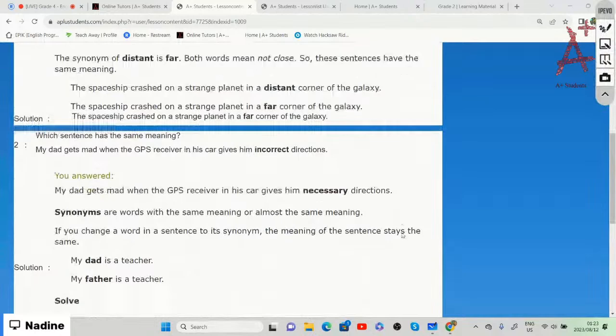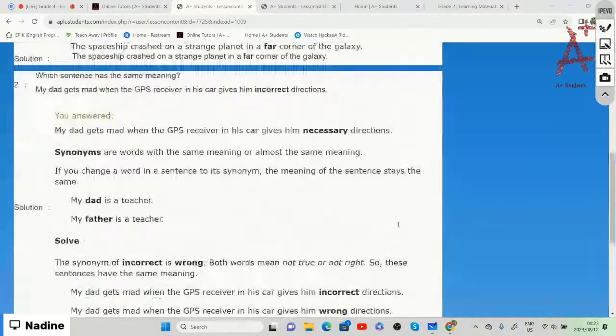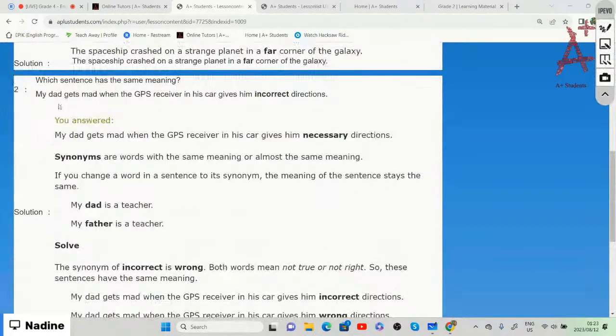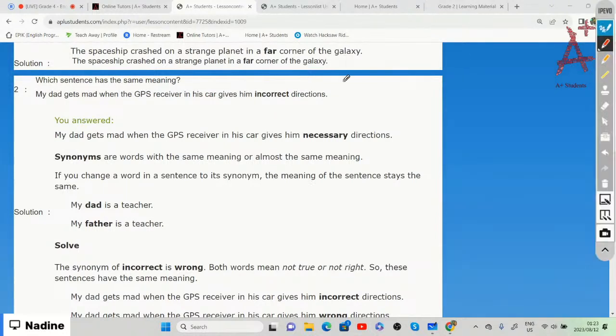All right. My dad gets mad when the GPS receiver in his car gives him incorrect directions. So we need to find a word the same or similar in meaning to incorrect.